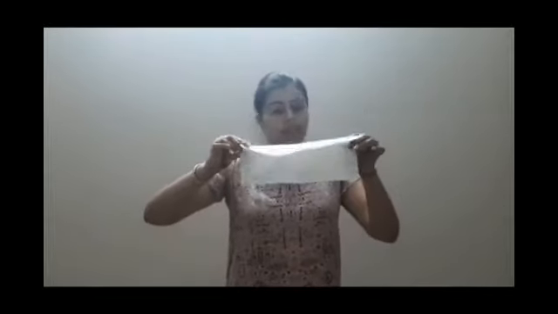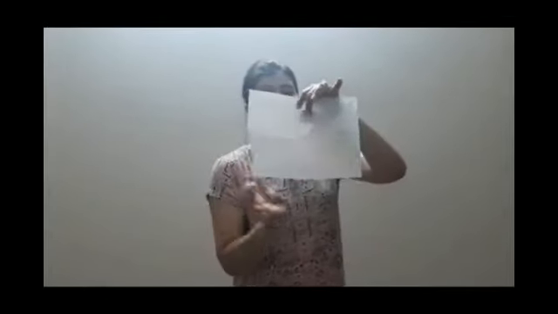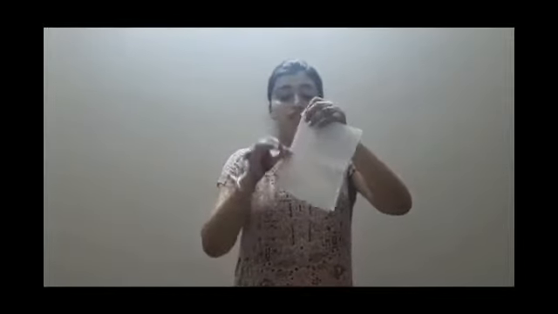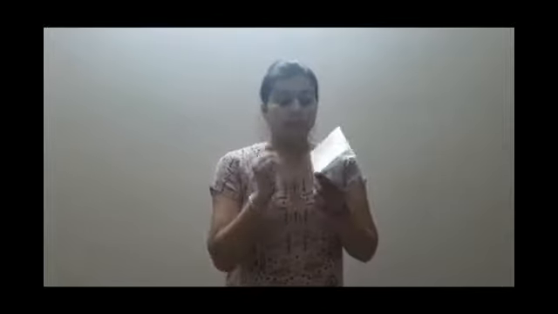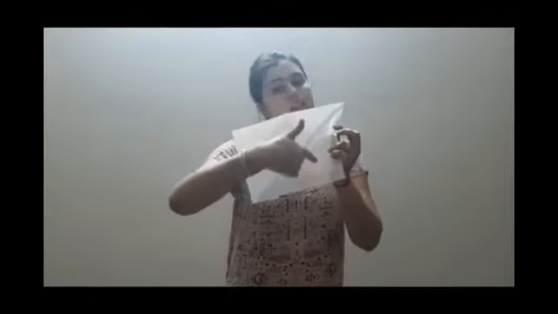I am folding it like this, but it's up to you. You can fold like this also. I am folding it vertically. When I fold, this sheet is divided into how many parts? Very good, 2 parts. First part is this part and second part is this part.